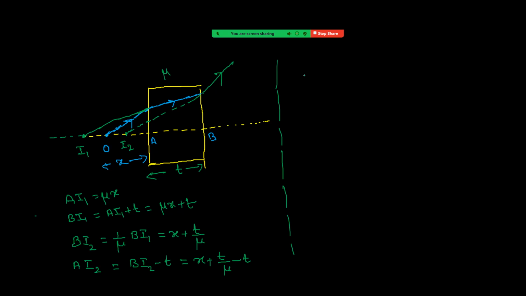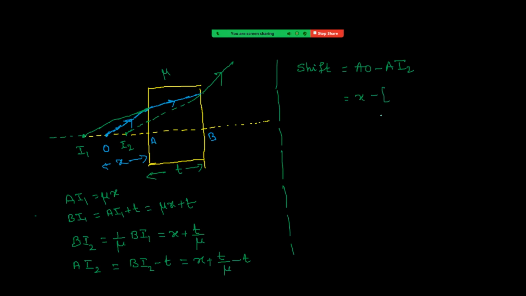See carefully. Shift equals AO minus AI2. That is now the shift. AO means x, minus AI2.